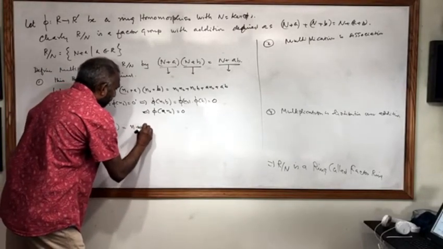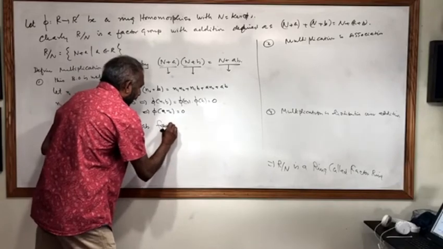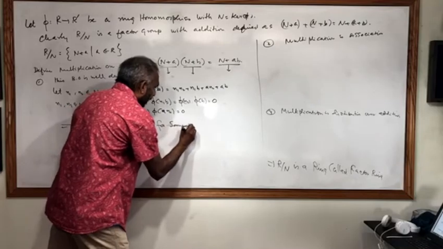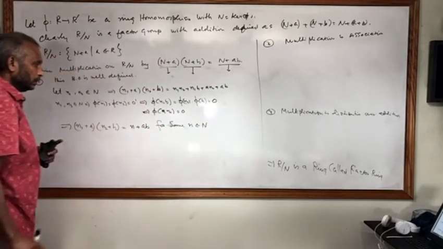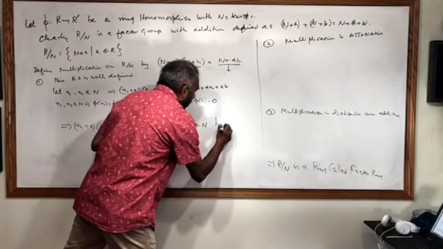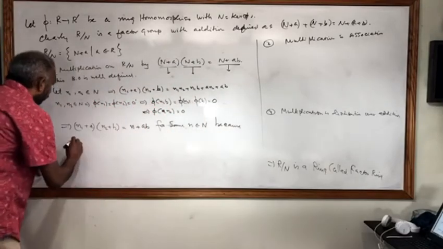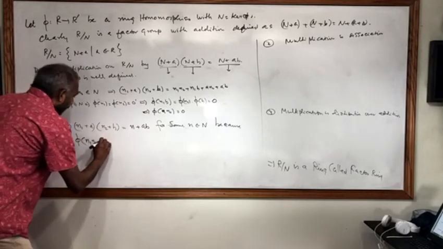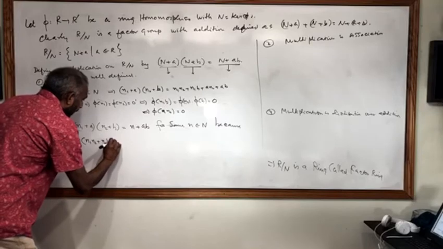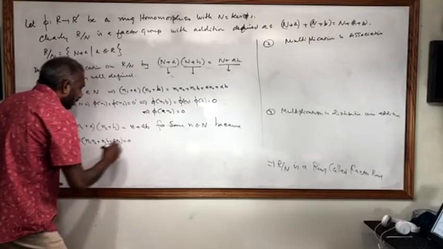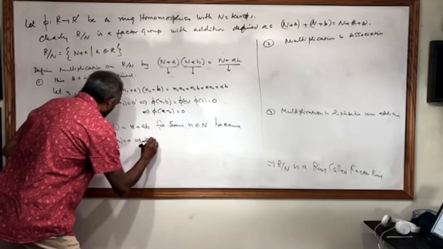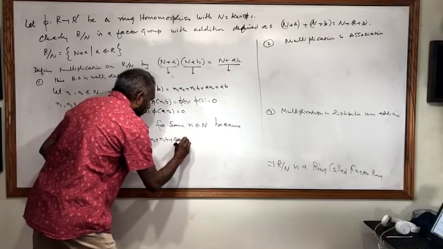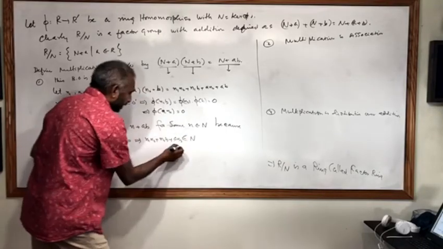n + ab for some n belongs to N, because phi of n1n2 + n1b + an2 is equal to 0, implies n1n2 + n1b + an2 belongs to N, and this is our n.